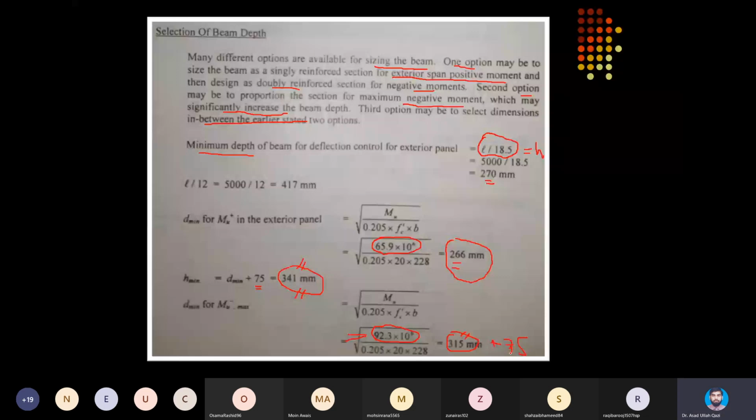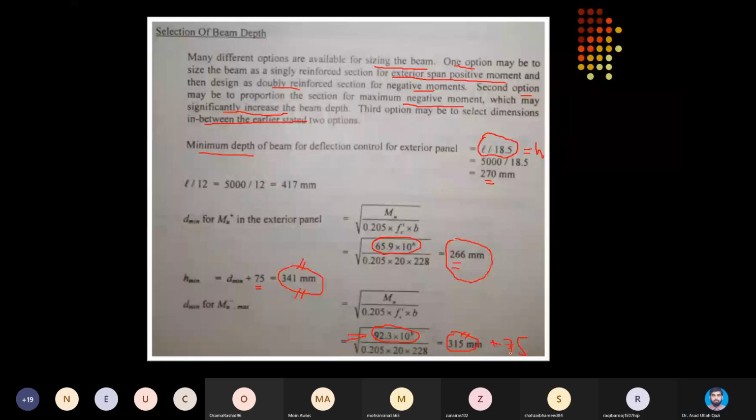Now it is the time to start designing the beam at various sections. Face of the support, and this steel will be designed. Midspan of the exterior span, this steel will be designed.